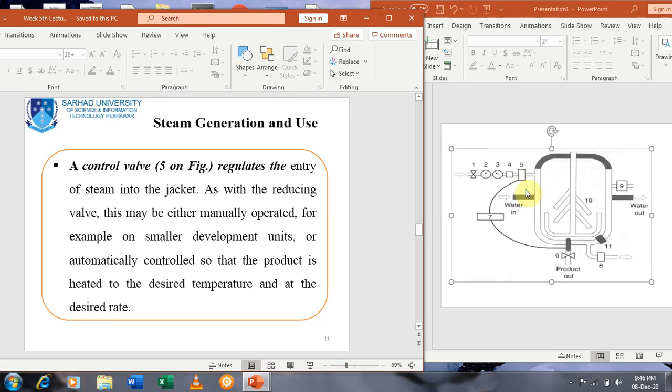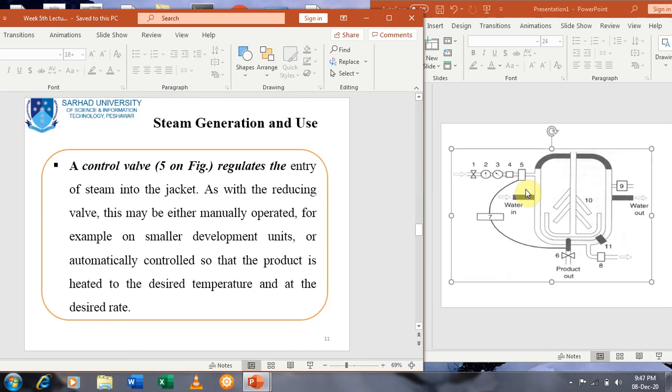As with the reducing valve, this may be either manually operated, for example on smaller development units, or automatically controlled so that the product is heated to the desired temperature and at the desired rate, as we experience in ordinary domestic appliances like the thermostat used in the refrigerator and air conditioner.